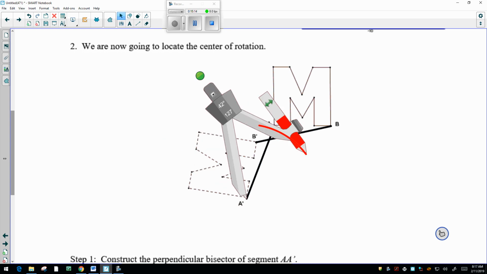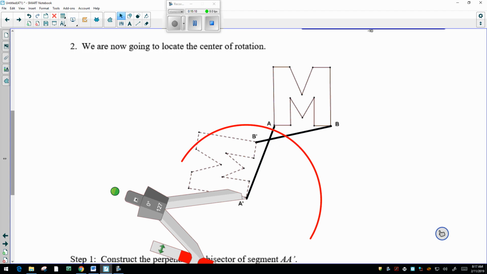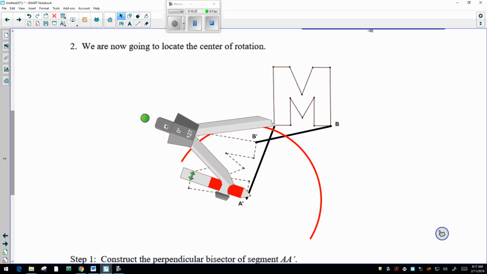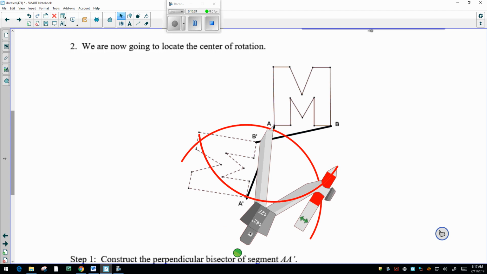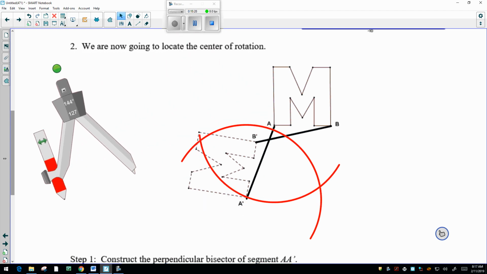Once we get that, we're going to make an arc top and bottom. We're going to flip it around and do the same thing from the other end point, and make your arc top and bottom. And then with a straight edge, you're going to connect those 2 points. And we're going to see we've now bisected the segment.